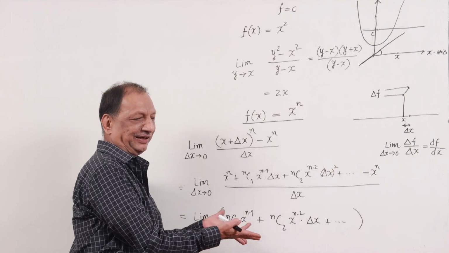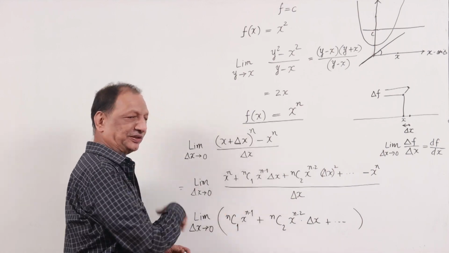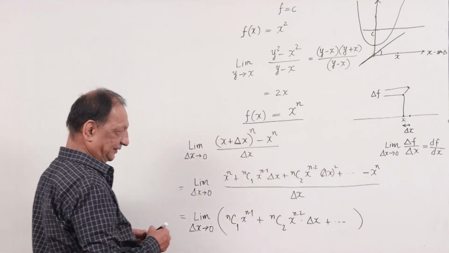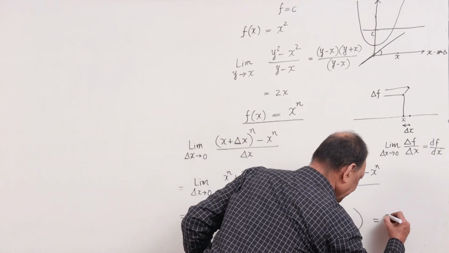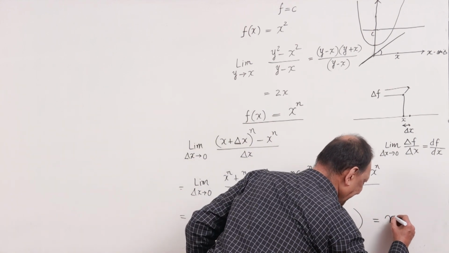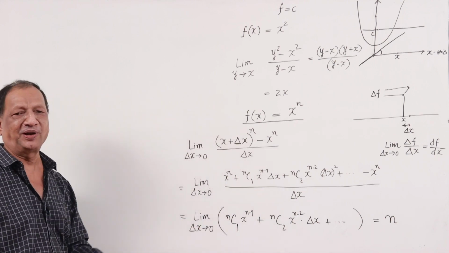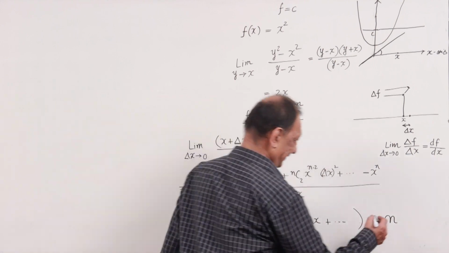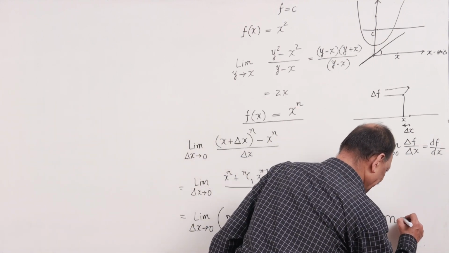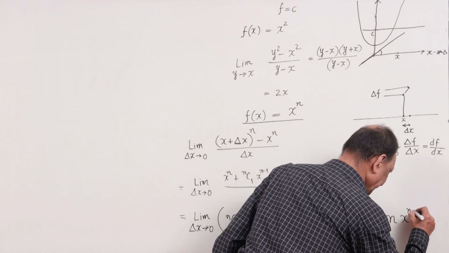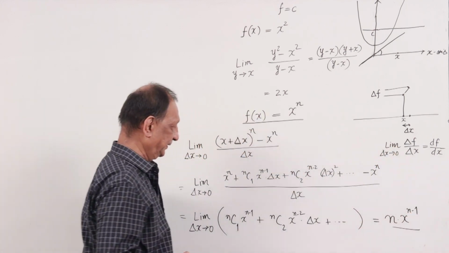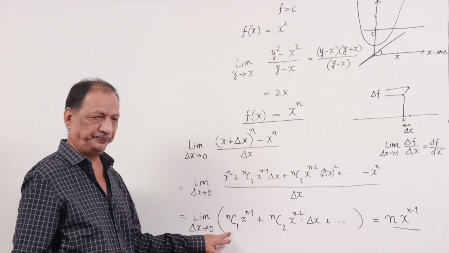There is no delta x anywhere, right? So I can just take it out of the limit. It's equal to nC1. What is nC1? n. Binomial coefficient multiplied by x to the power of n minus 1.